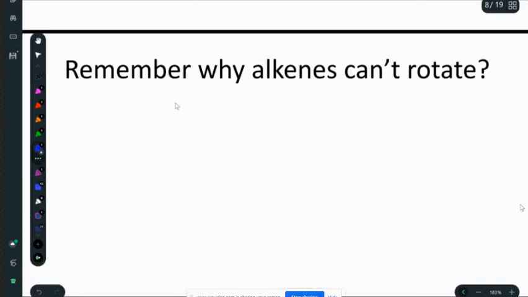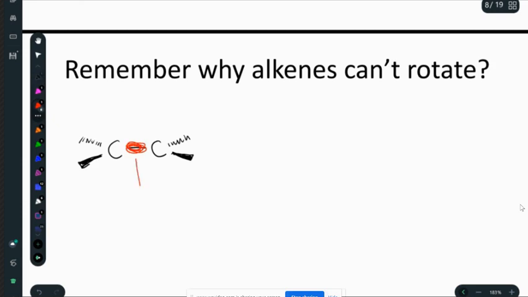alkenes. We can't rotate around the double bonds in alkenes either. We talked about this a little bit in Module 5. The question is, why can't we do that? Why can't we rotate around an alkene bond? Well, I want you to remember, if I have a double bond between 2 carbon atoms, there's going to be a sigma bond right between the 2 atoms.